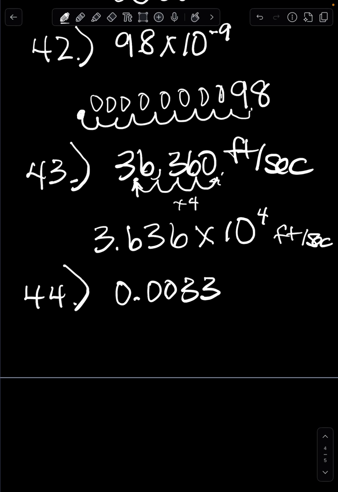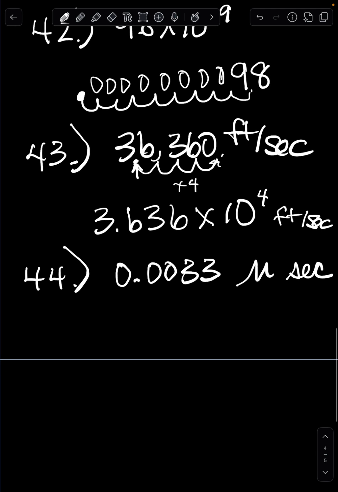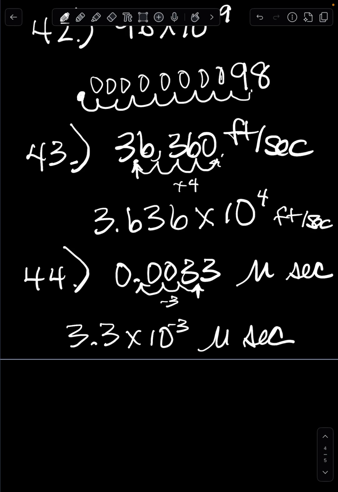What is that crazy symbol? Let's see, it looks like this. Microseconds. Okay, so scientific notation would need a decimal right here. So that would give us 3.3 times 10. 1, 2, 3. We had to go 3 to the left. So that one's scientific notation.